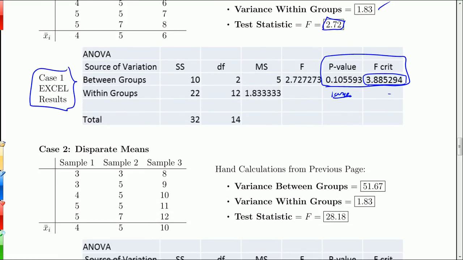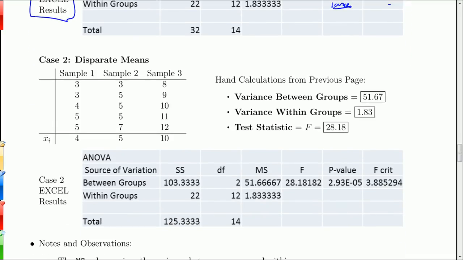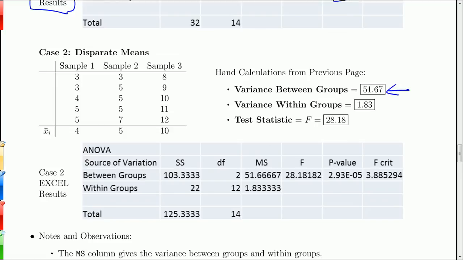When we look at the case with the disparate means, and we did this by hand, we got the variance between groups is 51.67. Within groups is still small at 1.83. And the test statistic was 28.18. So the results from Excel, MS, that gives us our estimates on the variance, 51.67 and 1.8333.